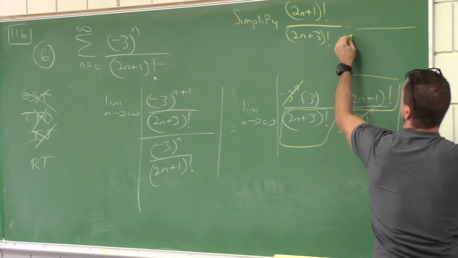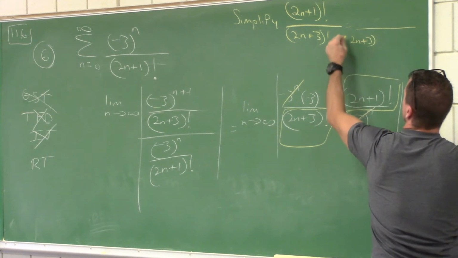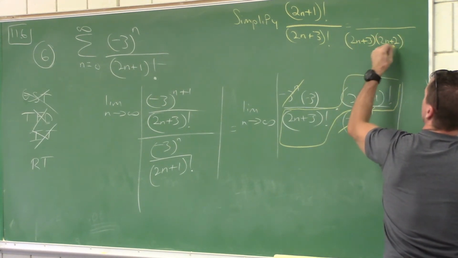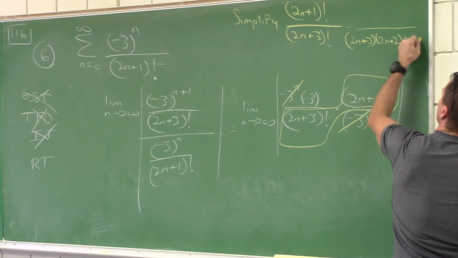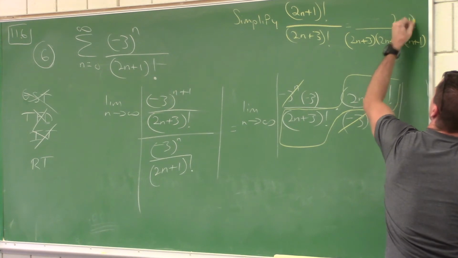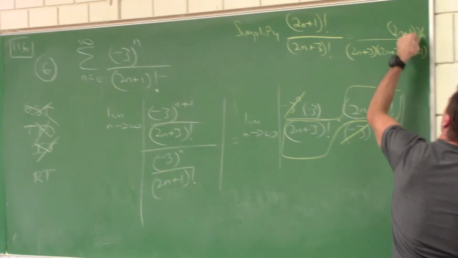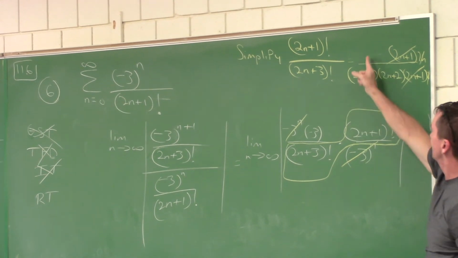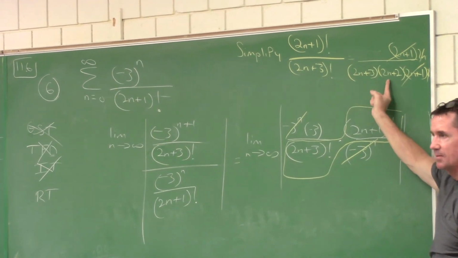This denominator is 2n plus 3. What's one less than that? 2n plus 2. What's one less than that? 2n plus 1, etc. And what will cancel? Everything afterwards will cancel out except for the 1 over (2n plus 3)(2n plus 2).